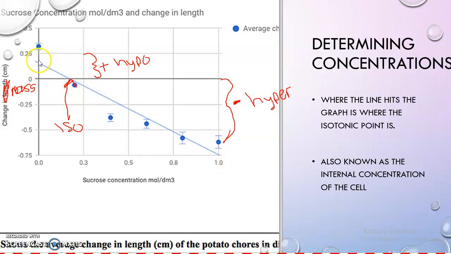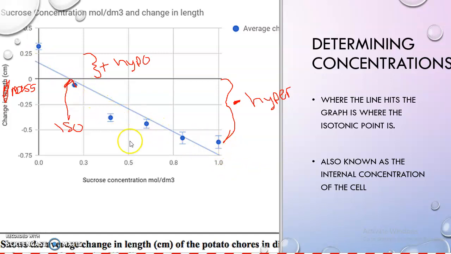Over here in pure water, our carrot will actually get heavier over time. So if we take an initial mass, it will be lighter than the final mass. If we look over here at 1 molar, it will be lighter because the water will have left the carrot. And we'll have each of these data points for things that we measure.